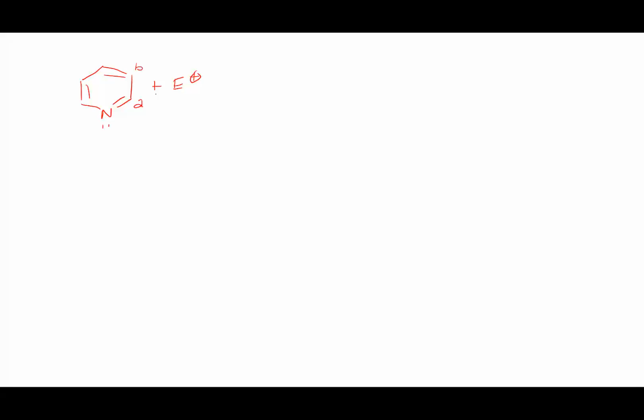Does it add to carbon A, or does it add to carbon B? Or I suppose we could say that it adds to carbon C as well. So where should it add? A, B, or C?